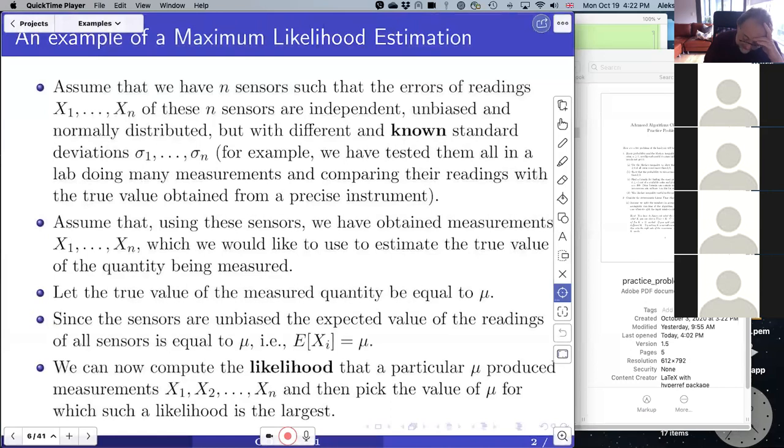So let us see. Now what you do is you take your measurements with your voltmeters, and you have to come up with an estimation of the true value. Well, one way is to reason like this: let me see what value of mu would make these measurements as likely as possible.